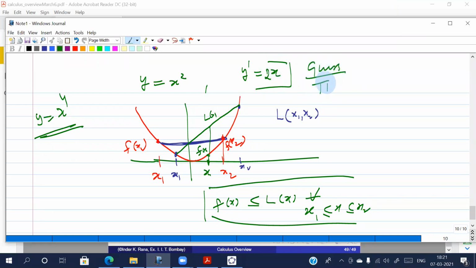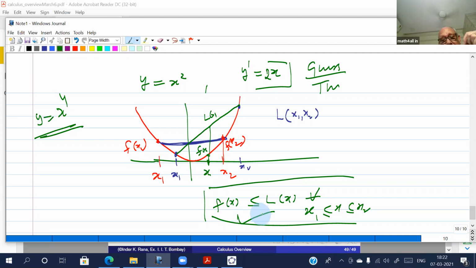Then there is a theorem that says if f is monotonically increasing and differentiable, then the derivative should be bigger than 0 at all points. This is a property of the function over an interval, not at a point. Limit, continuity, or derivative are local properties of functions at a point.